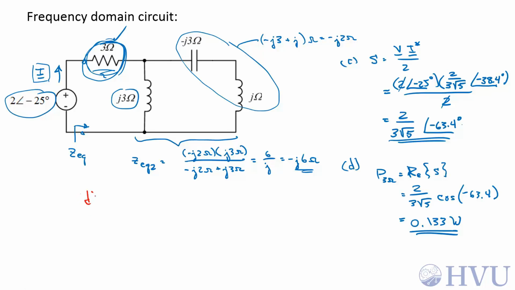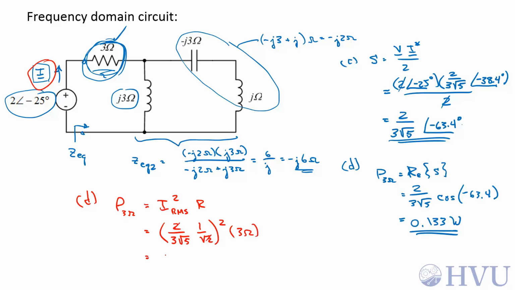So an alternate approach to part D, we know that the power of a resistor, P3 ohms, is just going to be the RMS current squared times the resistance. So this is going to be the current, which we already found. It's I, 2 over the 3 square root of 5. The RMS value is 1 over root 2 times that magnitude. Square that, multiply it by 3 ohms.